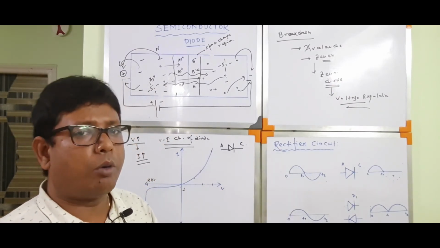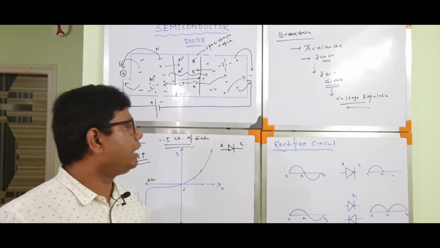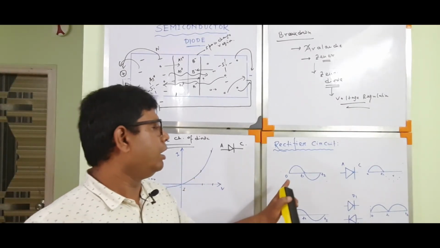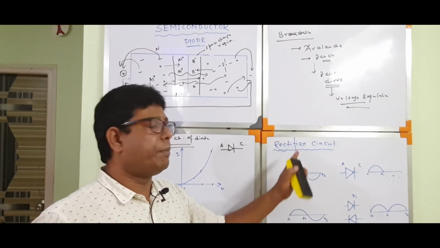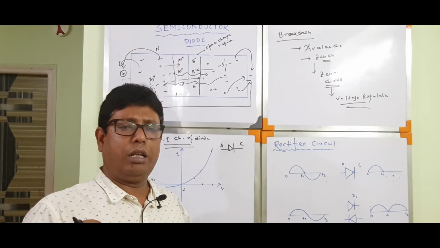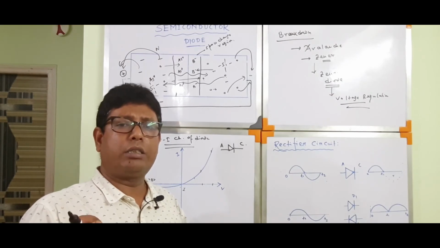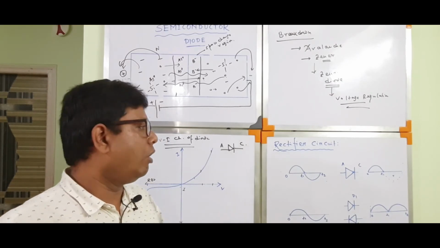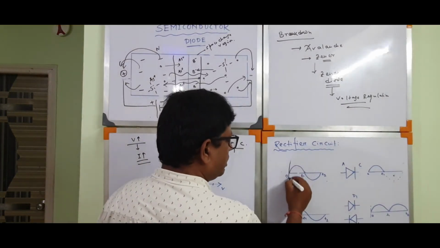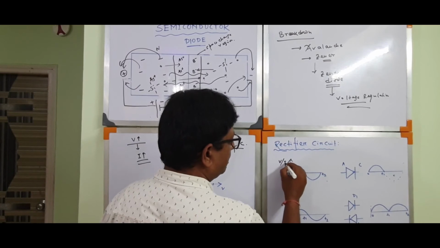Next we are interested in the rectifier circuit. Rectifier circuit means by using a diode we can design some rectifier circuit. A rectifier circuit converts any alternating signal into a unidirectional wave. This is the alternating signal. Suppose this is the voltage or current axis.